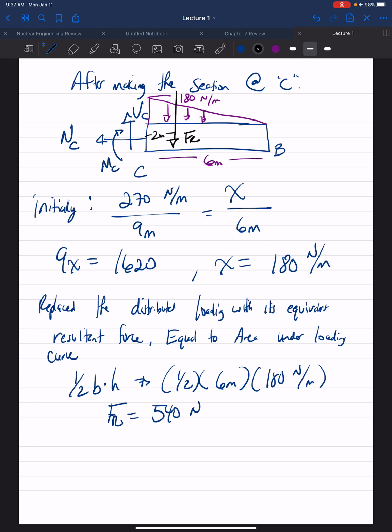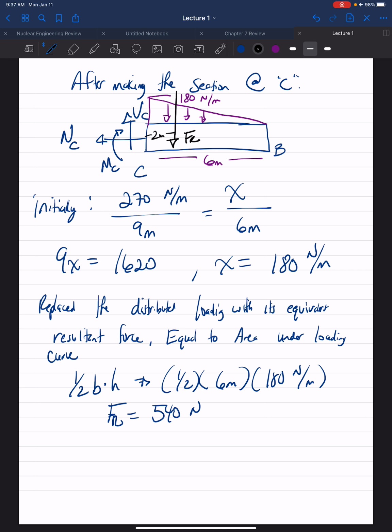The bending moment at C is equivalent to negative 1080 newton meters. So this indicates that the bending moment at C is actually acting opposite the direction we've oriented in our free body diagram. So in conclusion, we've solved the three unknowns: normal force, shearing force, and moment.